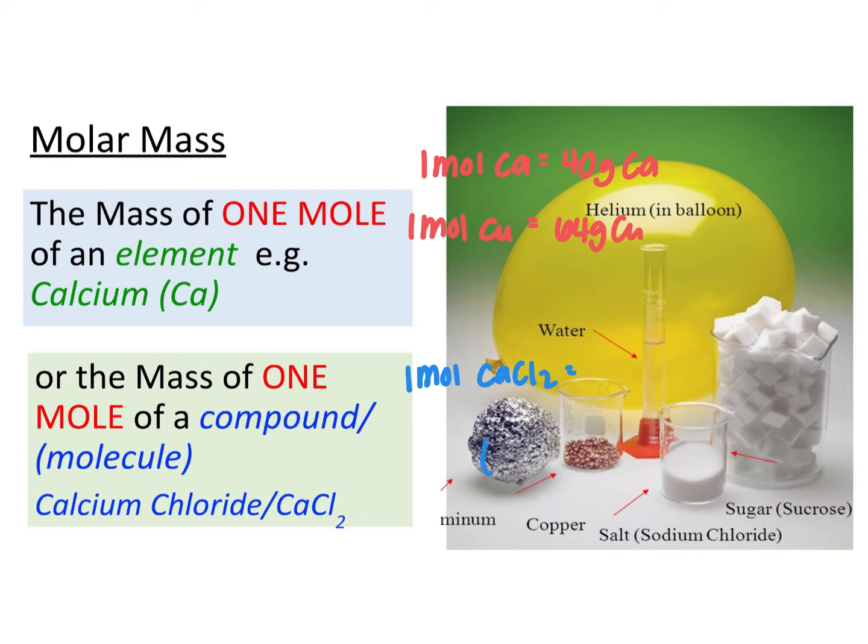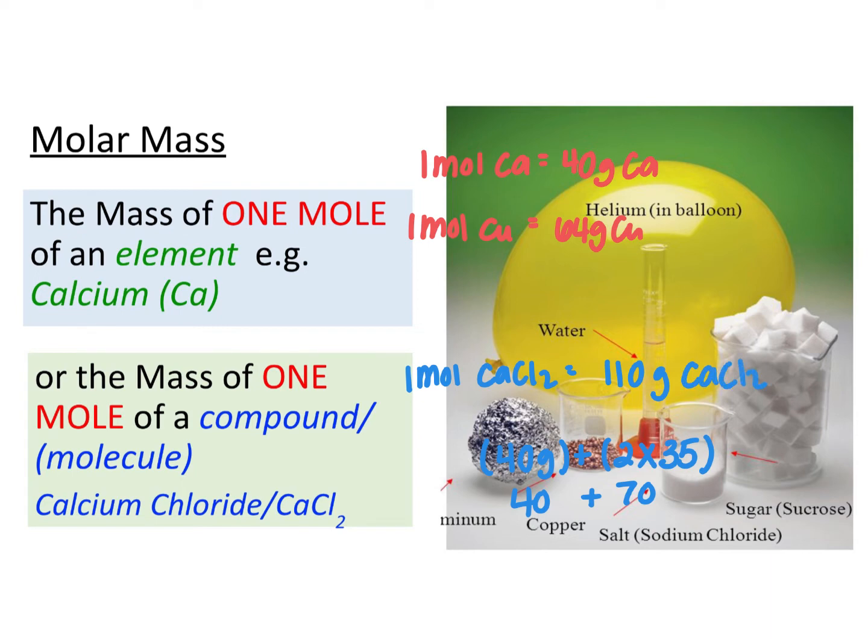I'd still look at my periodic table, and in this case, if I'm looking at calcium, I'd have 40 grams. And then I'm going to add that with 2 times my molar mass of chlorine, which is 2 times 35. To help you, I would do 2 times 35, 70, and then I have 40. When I add those together, that's going to give me my mass of 110 grams of CaCl2.